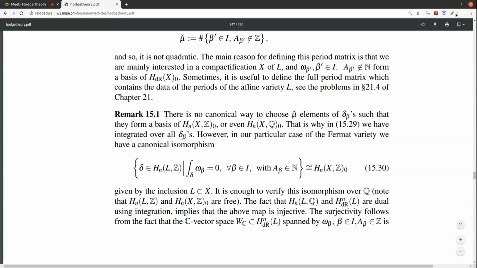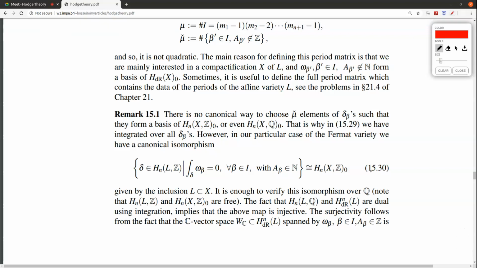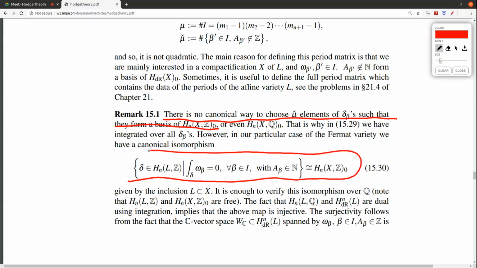There is no canonical way to choose elements of delta beta such that they form a basis of this Hodge cycle. Whatever you see Z, just put rational numbers. And it turns out this is a very strange observation.